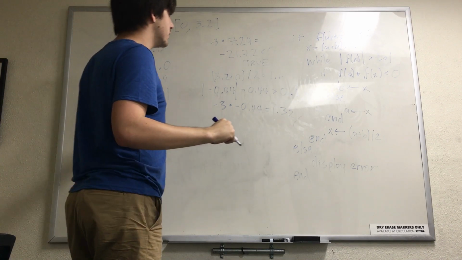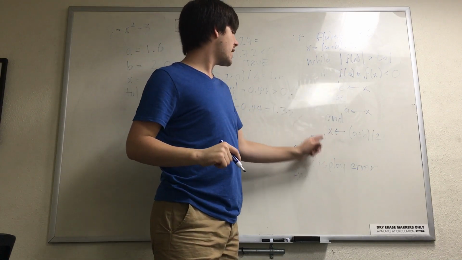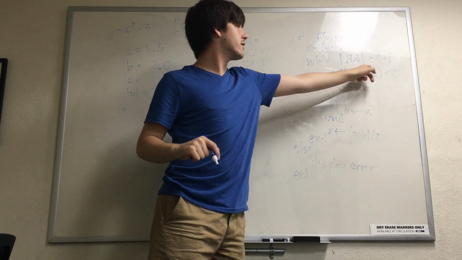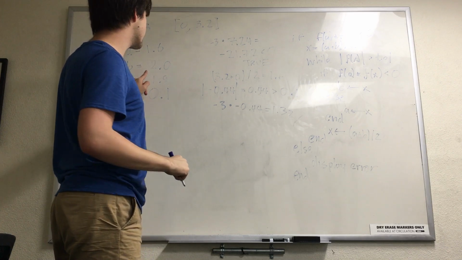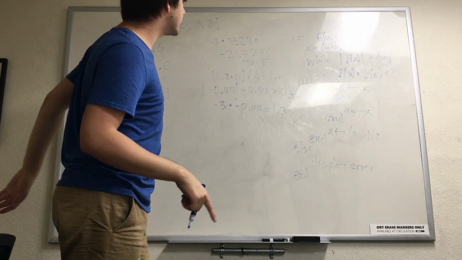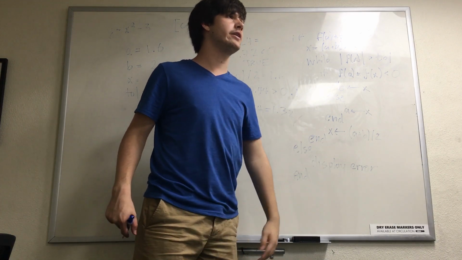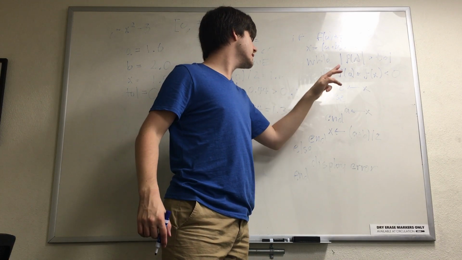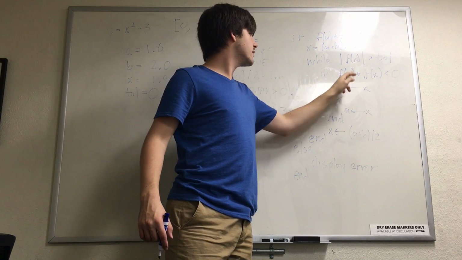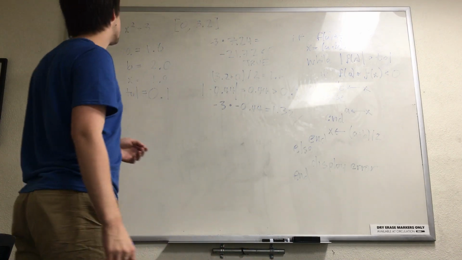Okay? So now we are going to go back to this while loop, evaluate whether or not this is true, which with this 1.8 will evaluate to 0.24, which is greater than 0.1. And then it'll go to this if statement. It'll do f of a times f of x. Is that less than 0?